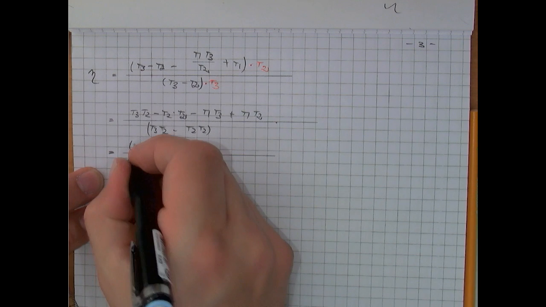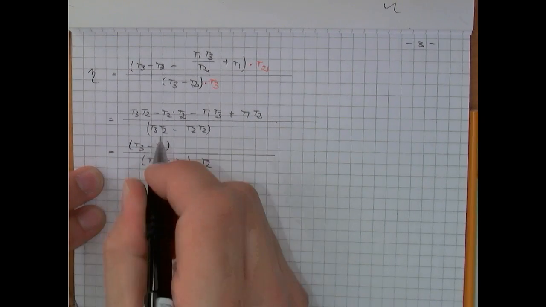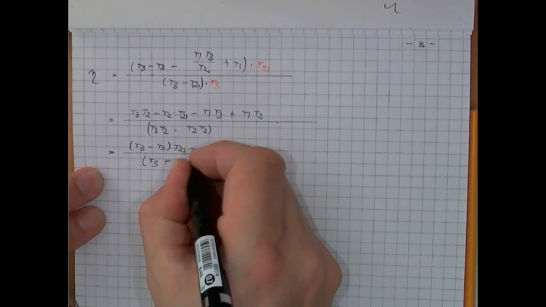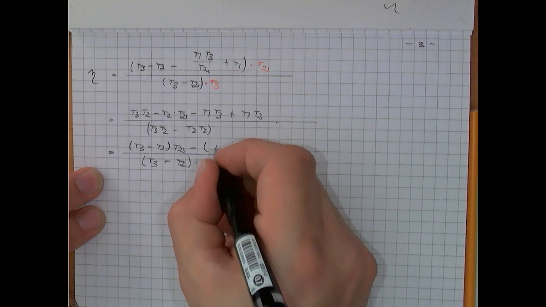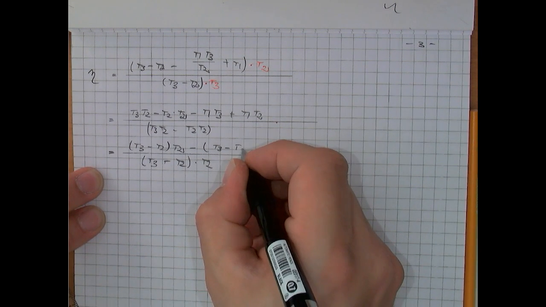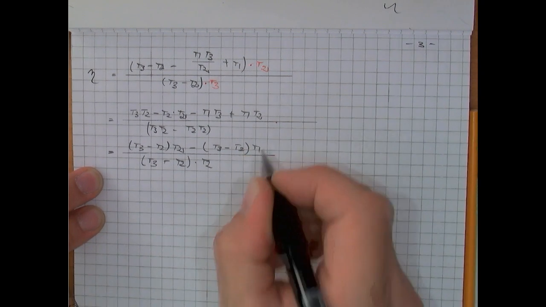In the numerator I also have T3 minus T2, so I take T2 out times T2 minus, and then we have T3 minus T2, and I'm taking T1 out.